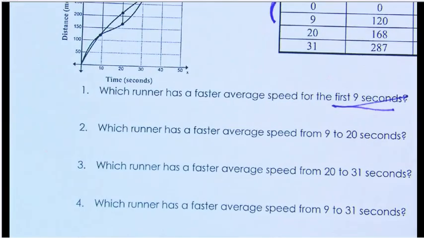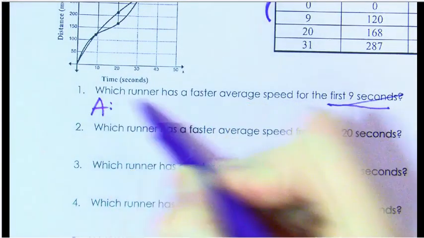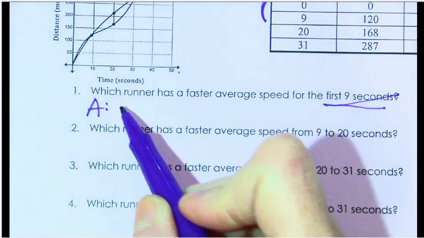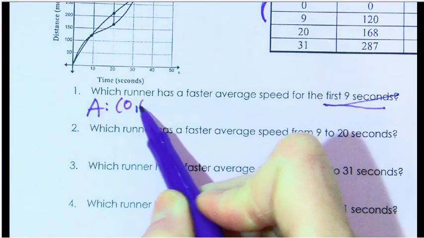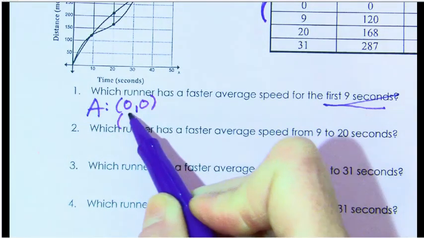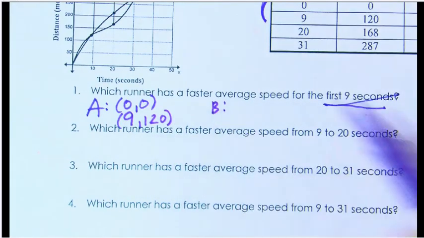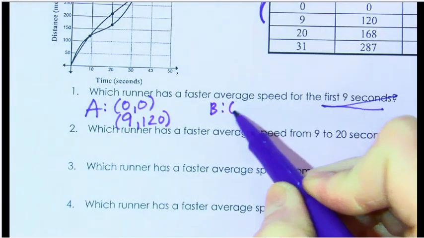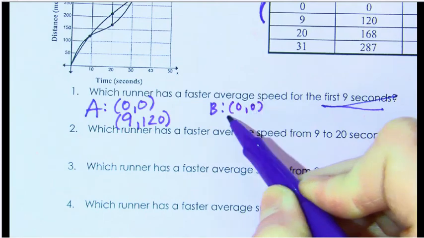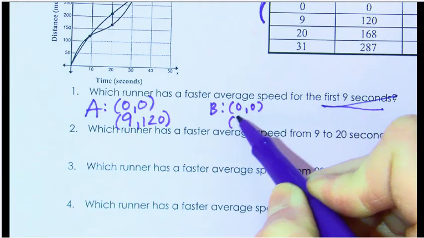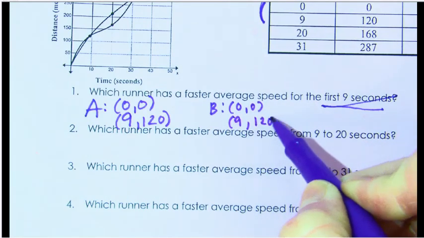So just to get you the info, runner A, the first 9 seconds, their ordered pairs would be 0 and 0 for the start, right? And then 9, 120. And for runner B, B starts at 0, 0, and the second time we have is 9, 120.